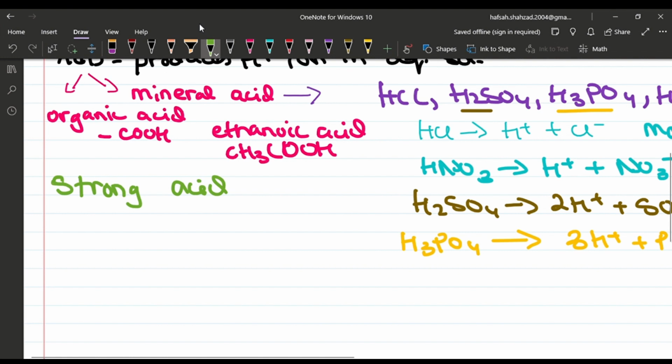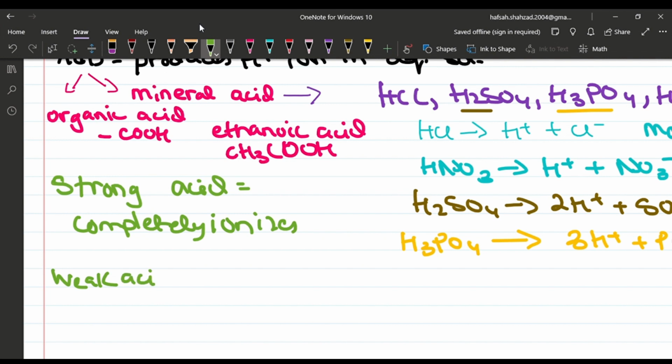For example, ethanoic acid, CH3COOH, is a weak acid, and it partially ionizes in aqueous solution. So the definitions are: a strong acid completely ionizes, and a weak acid partially ionizes.